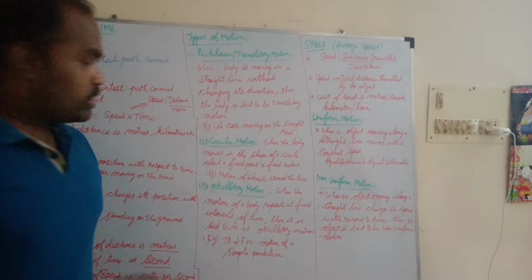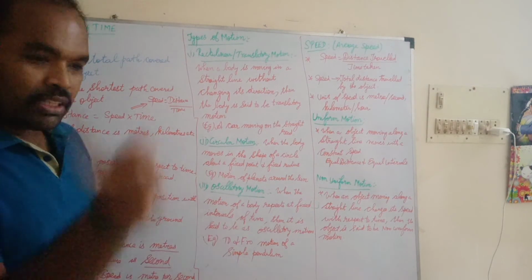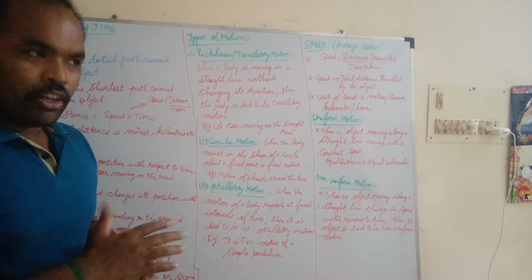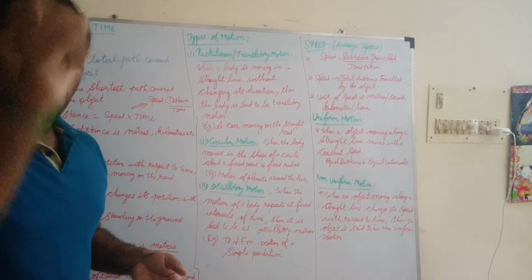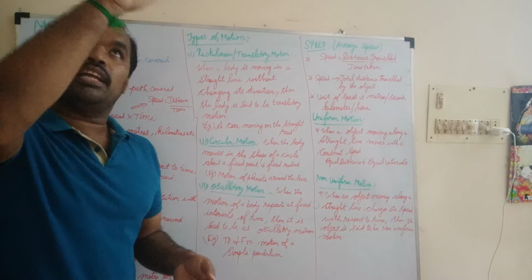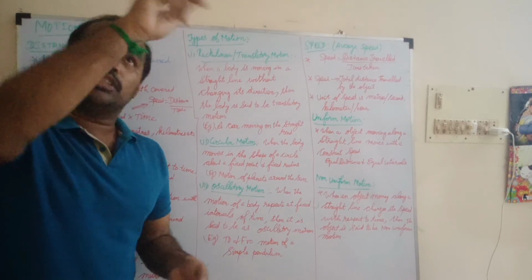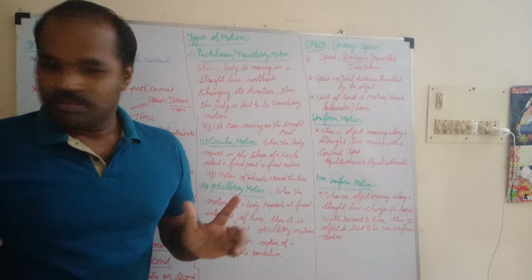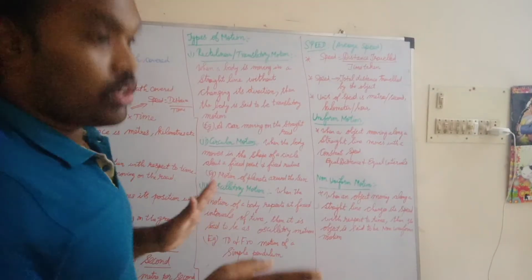It has a fixed point and fixed radius, but it keeps moving in the shape of a circle. Two weeks back also we were seeing Mars. Mars was shown with fixed length and fixed radius, going on in the shape of a circle. Have you got it?